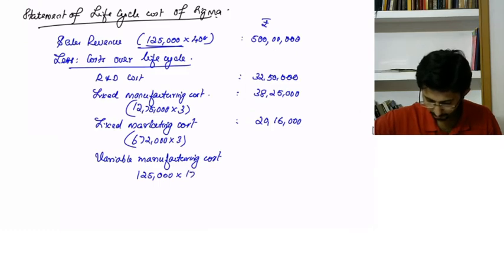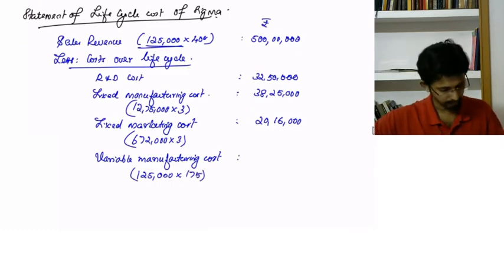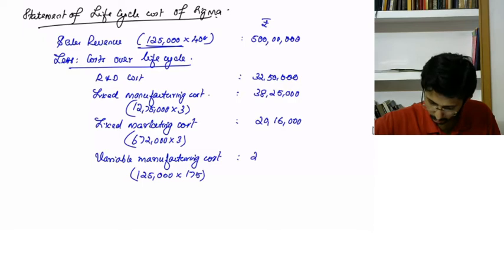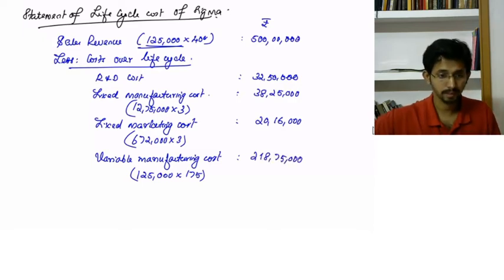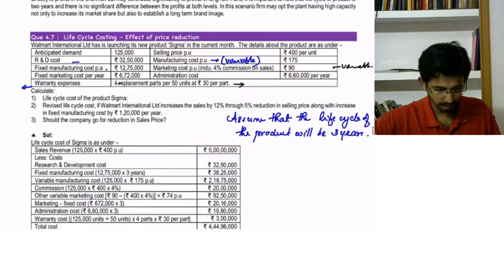So 1,25,000 into 175 will be 2,18,75,000.